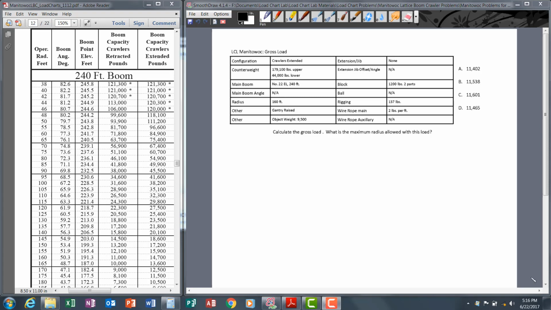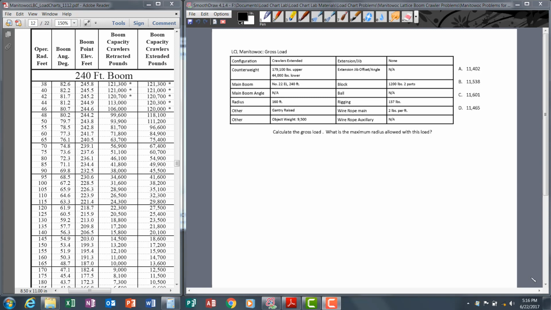Another type of problem that you may see on your specialty exam is a gross load problem. A gross load problem is where you will calculate the total weight of the load on the crane. It will include the weight of the object you're lifting plus all of your deductions.